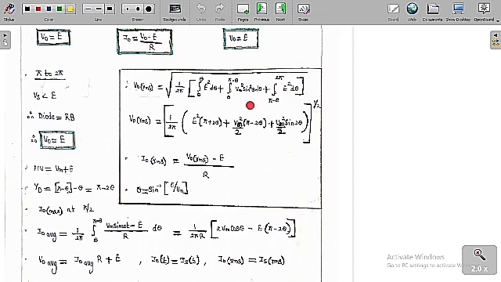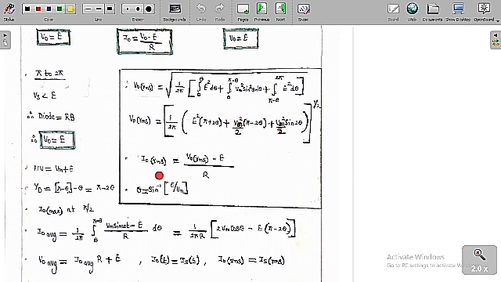If you solve this, we get this expression: 1 by 2 pi of E square into pi plus 2 theta plus Vm square by 2 into pi minus 2 theta plus Vm square by 2 into sin theta, all to the power of 1 by 2. So this is the RMS value we are going to get.